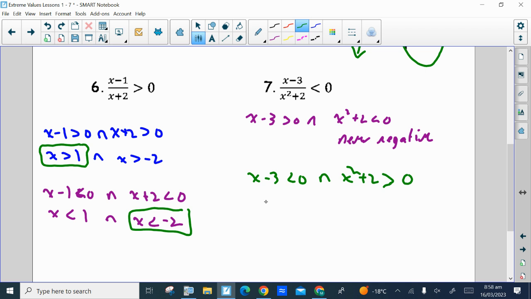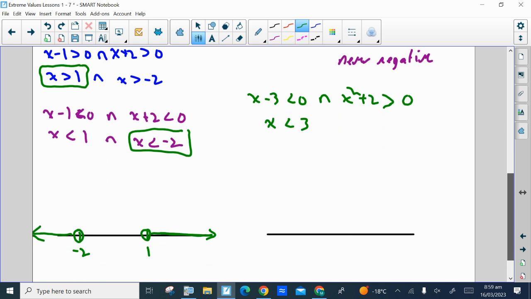Because x squared plus 2 is always positive, x would have to be less than 3 if you add the 3 to both sides. And so on our number line, we'll have 3 on there with an open dot and an arrow going off to the left.